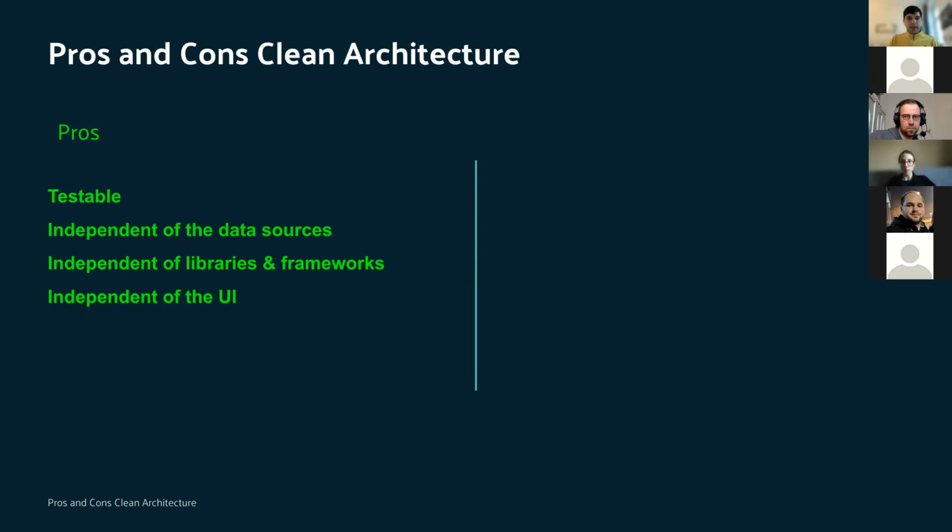And it's independent of libraries and frameworks, so they are isolated. Whenever we change any kind of library in one module, it shouldn't affect the others. All the business logic is independent of the UI. So all the business logic is in use cases, so it's easy to find and avoid duplication. And finally, it's like a screaming architecture, right? When you browse the source code, if it's implemented in a clean way, it's really easy to understand what the project is about, rather than getting lost in the technical details.